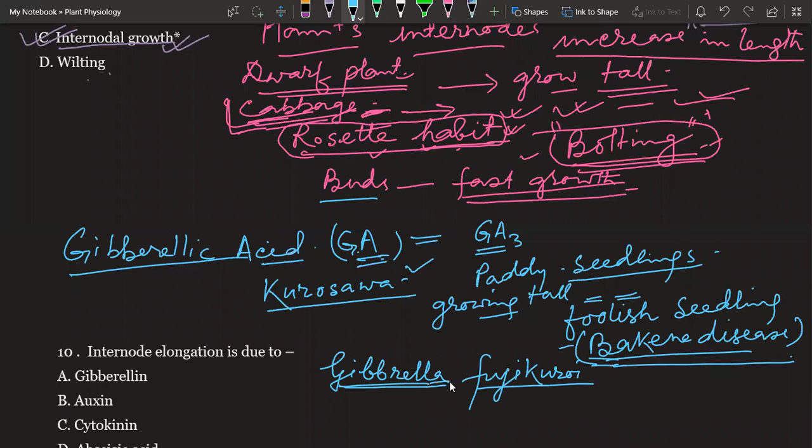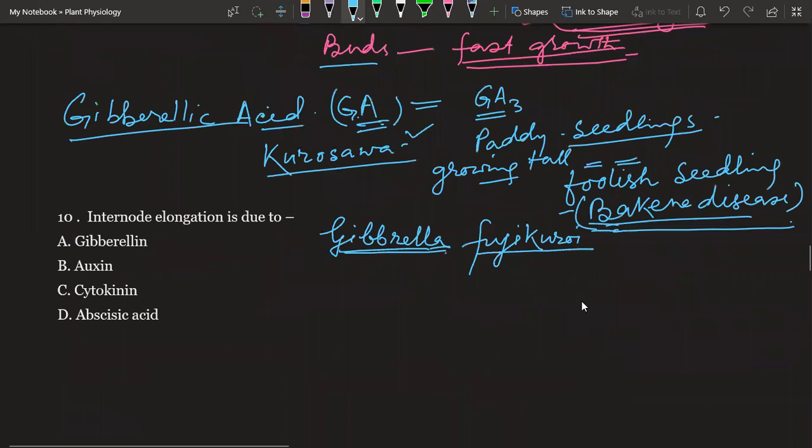This is a fungus belonging to the Ascomycetes, and it was the causal organism for Bakanae disease. Later the chemical was identified as GA, gibberellic acid. So Gibberella fujikuroi was actually the source of gibberellic acid. So internodal elongation is due to gibberellin.